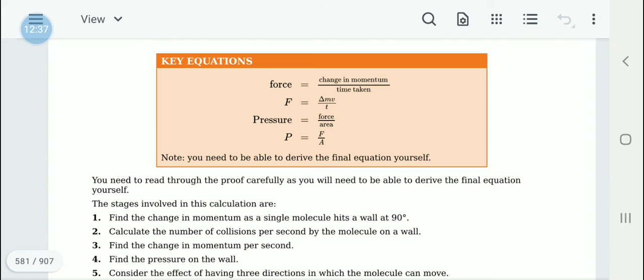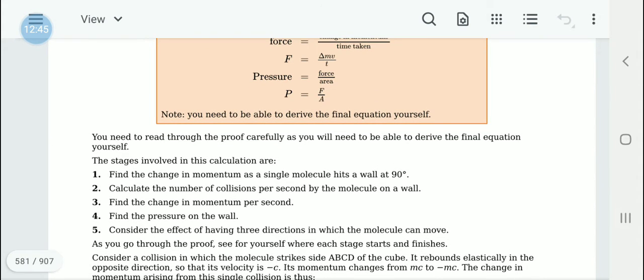When you go through the past papers, you would understand how it is done. You need to read through the proof carefully, as you will need to be able to derive the final equation yourself. Deriving the final equation is one thing that they are going to question you on.